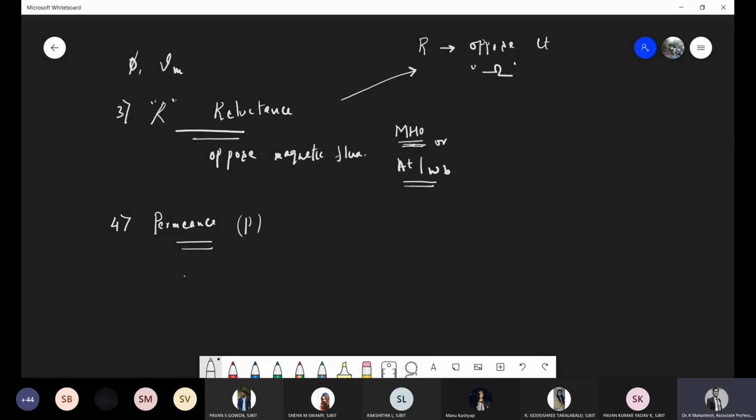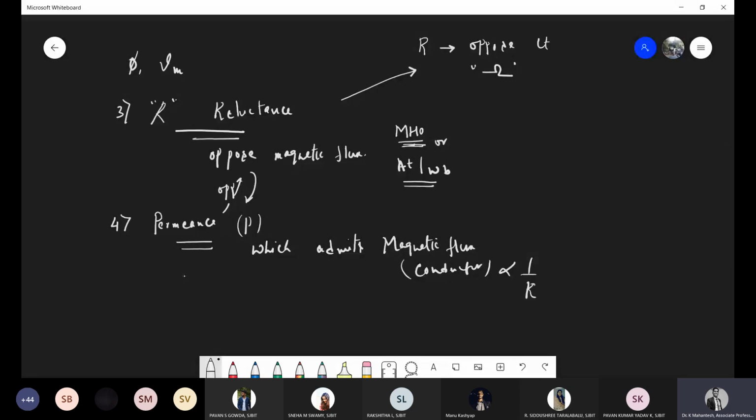This is exactly opposite to reluctance. It admits the magnetic flux, like a conductor in an electric circuit, opposite to resistance. So what is permeance? Which allows or admits magnetic flux.